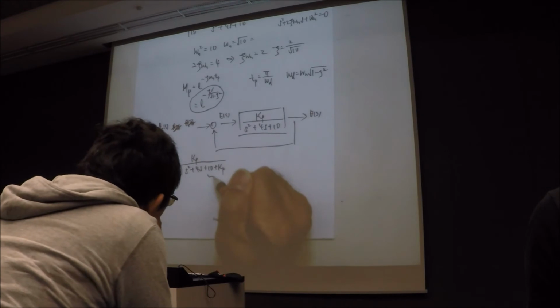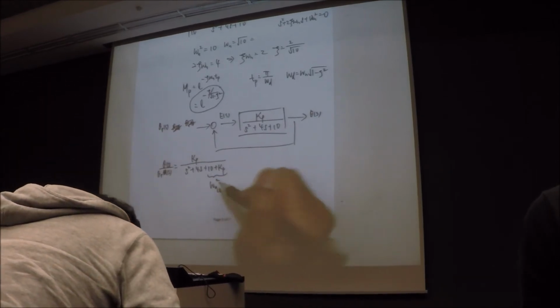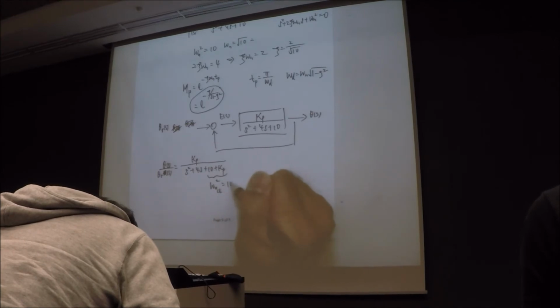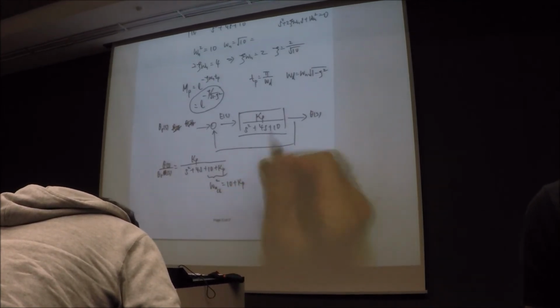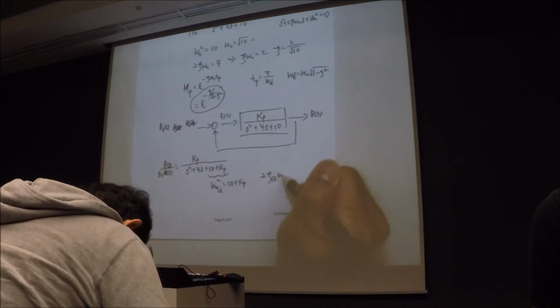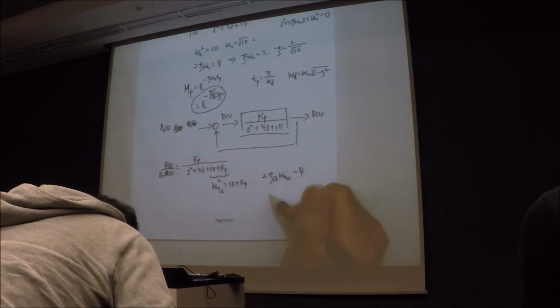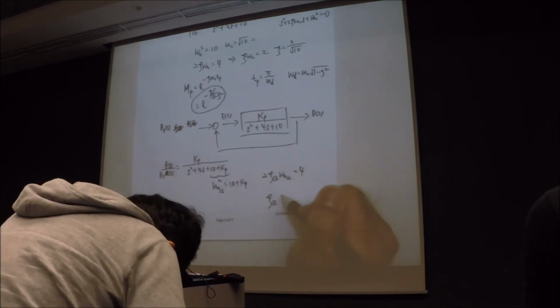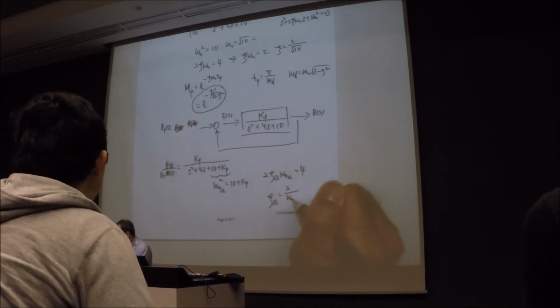Your omega n closed loop squared is equal to 10 plus Kp. And then your 2 zeta closed loop omega n closed loop is equal to 4. So it's still the same. Zeta closed loop is going to be equal to 2 divided by omega n closed loop.